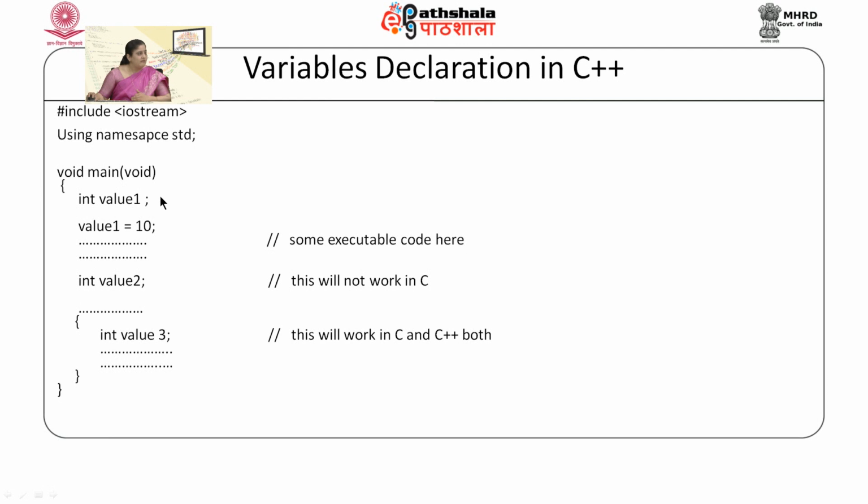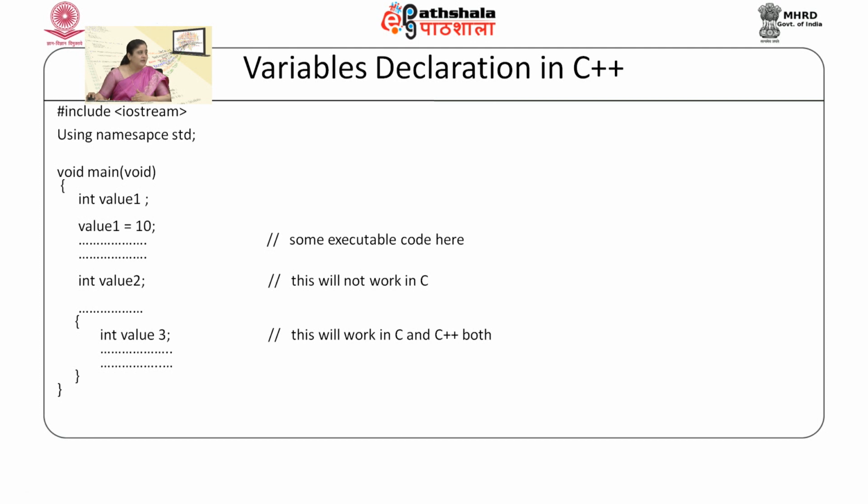We have declared one variable, value 1, in the beginning of this main block. We can assign the value 10 over here, then we can have some executable code here, and now here we can declare variable int value 2.